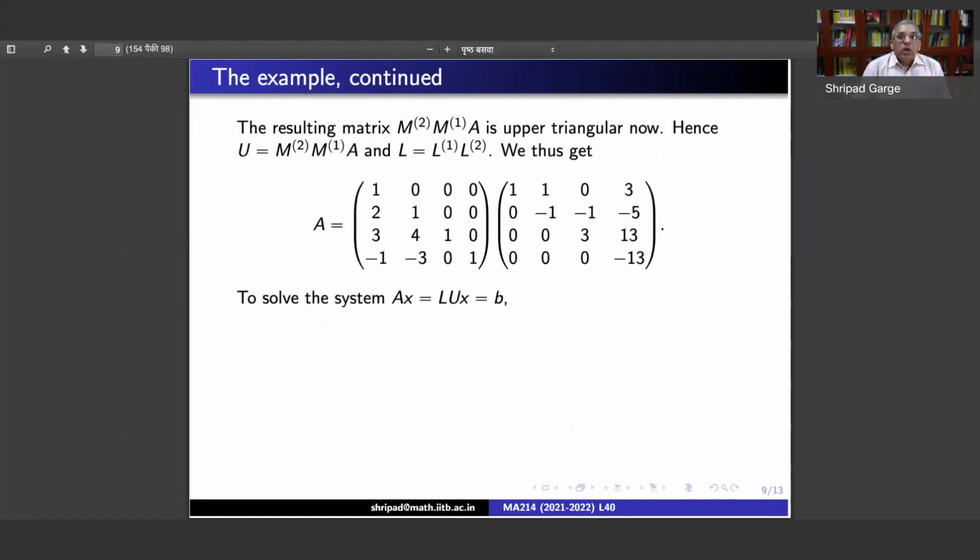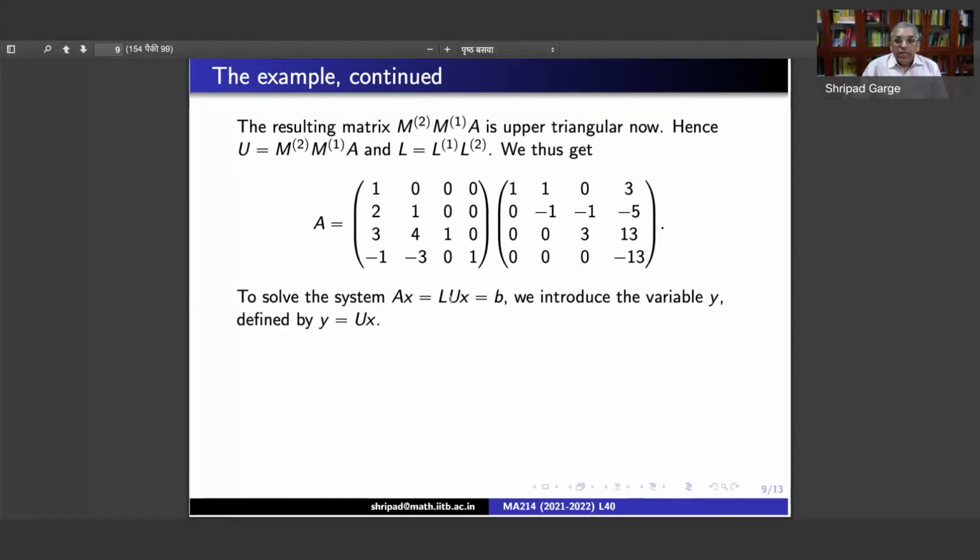So when we have to solve for AX equal to B, we write it as LUX equal to B, because your capital A is L into U. Okay. So we introduce a new variable. We call UX as y.